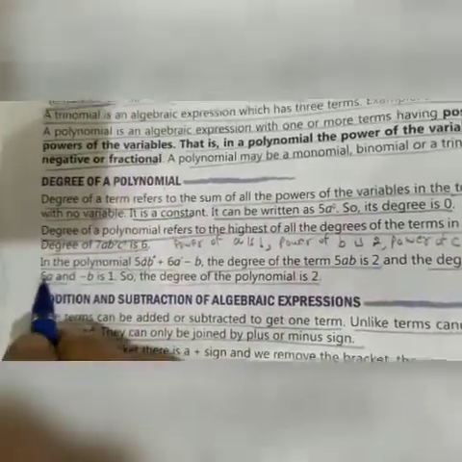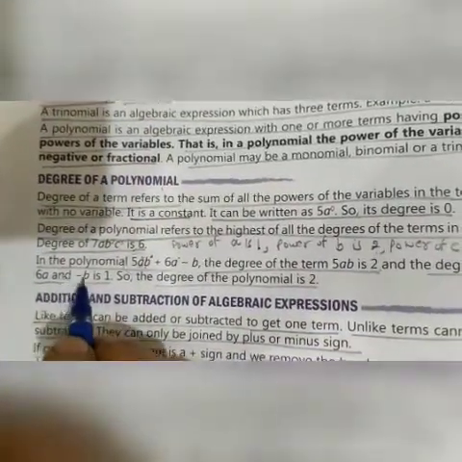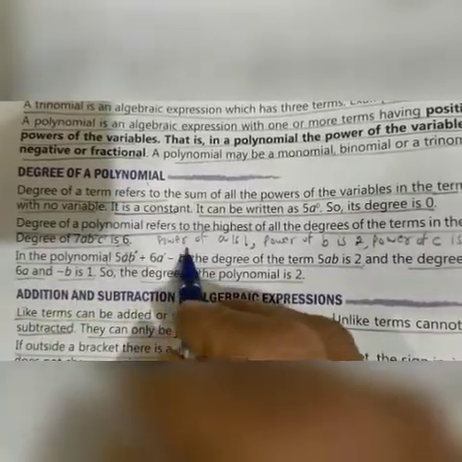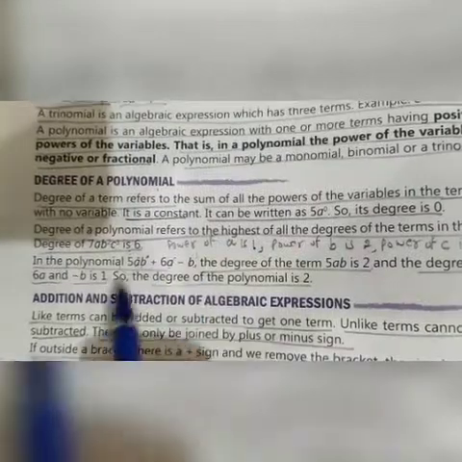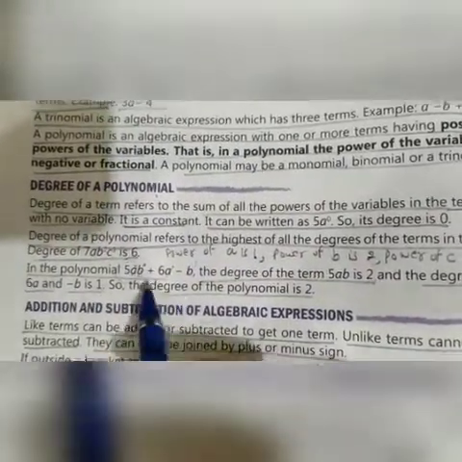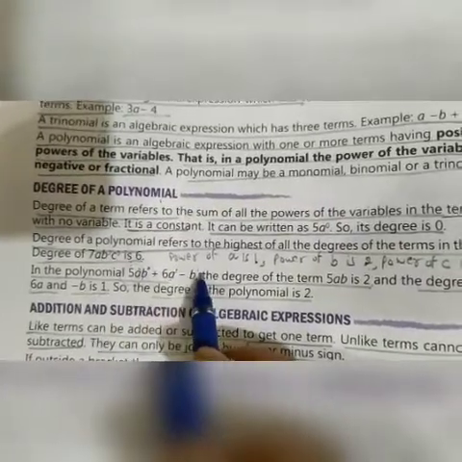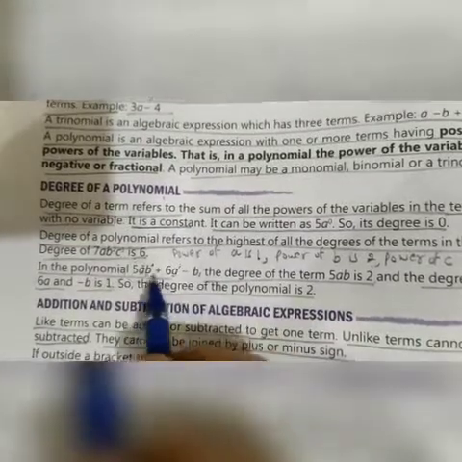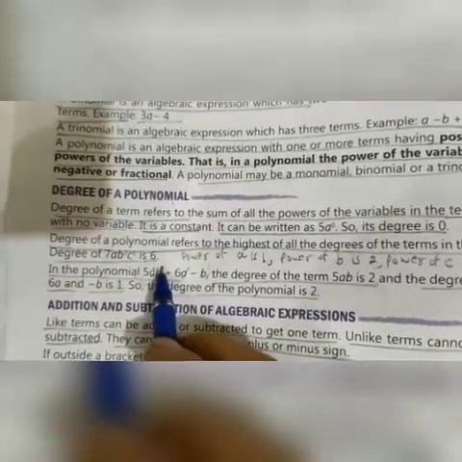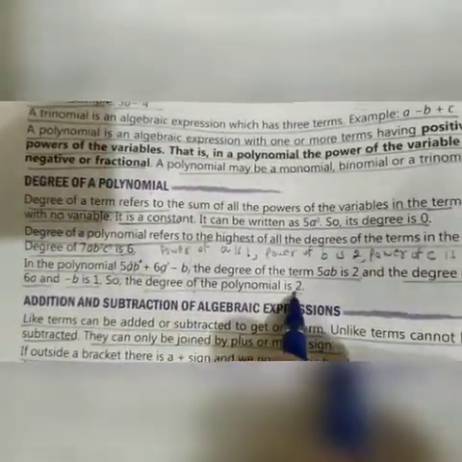Degree of the term 6a is 1 and minus b is 1. b की पावर भी यहाँ पर 1 है. सो डिग्री ऑफ दिस 6a एंड b इज 1. विच इज द ग्रेटेस्ट पावर? This is 1 plus 1 2, this is only 1, this is only 1. Among these three terms, इन तीनों टर्म में से किसकी पावर सबसे ज्यादा है? इसकी 2. So the degree of the polynomial is 2.